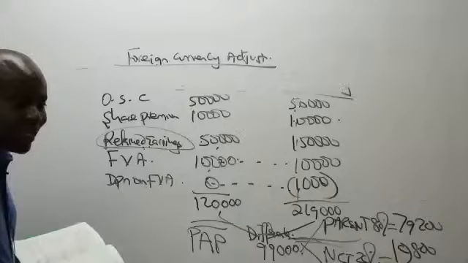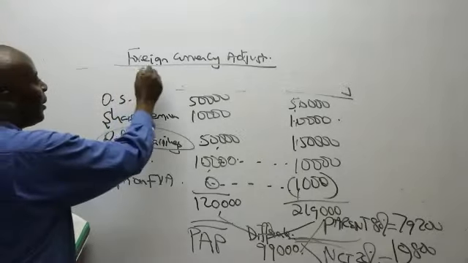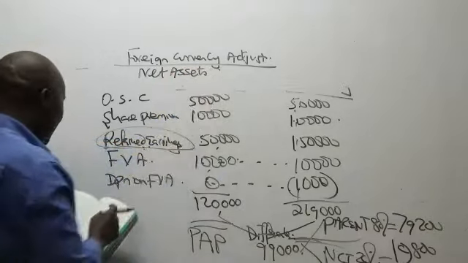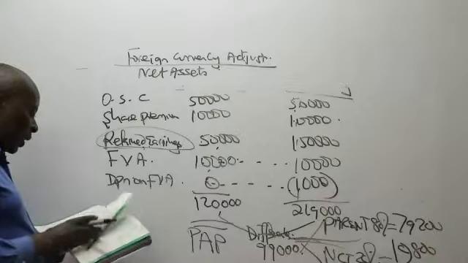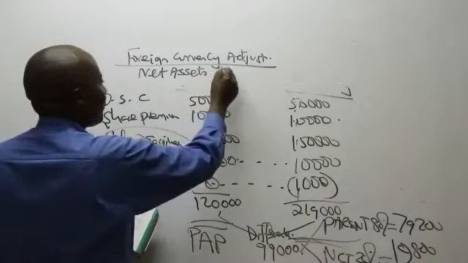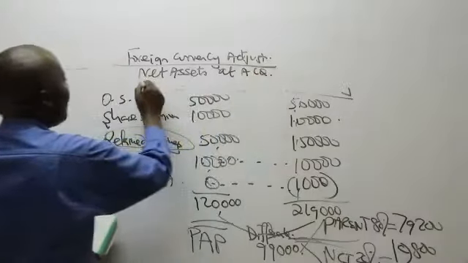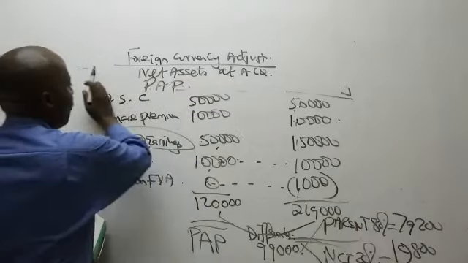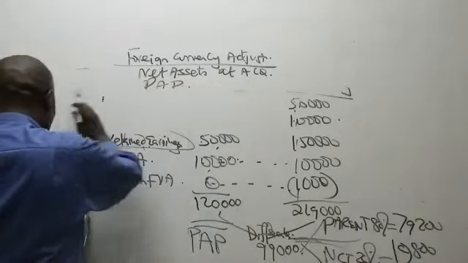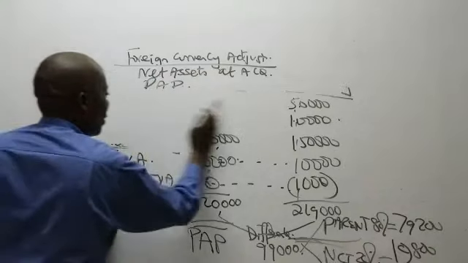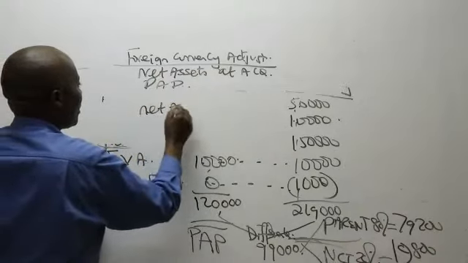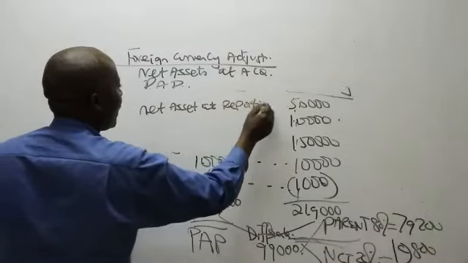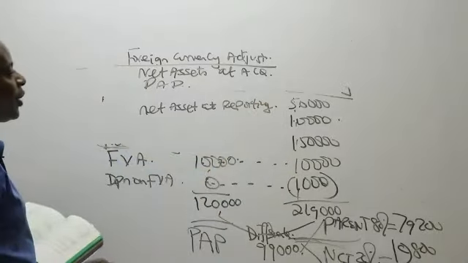So give me the net assets at acquisition, give me the post-acquisition profit, and then give me the net assets at reporting.